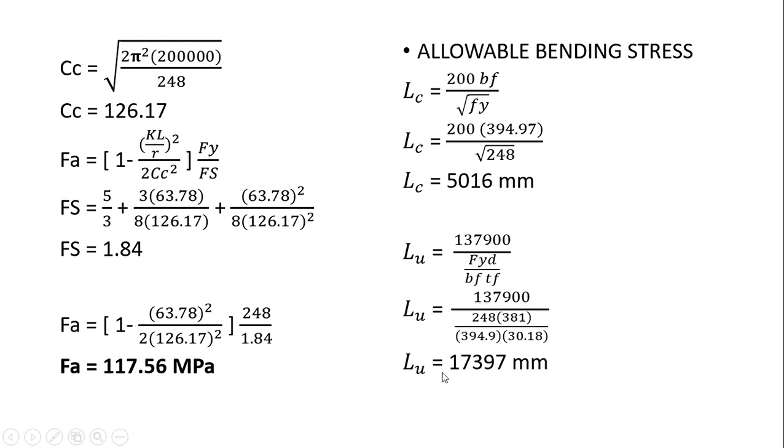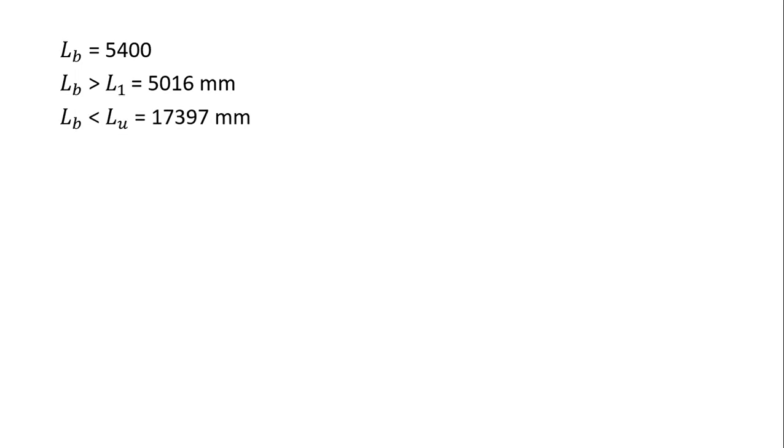So, LU is 17,397 millimeter. Then, LB nato is 5,400. So, since LB is greater than LC, which is 5,016 millimeter, then LB is less than LU, which is 17,397 millimeter. So, use FB equals 0.6 Fy.